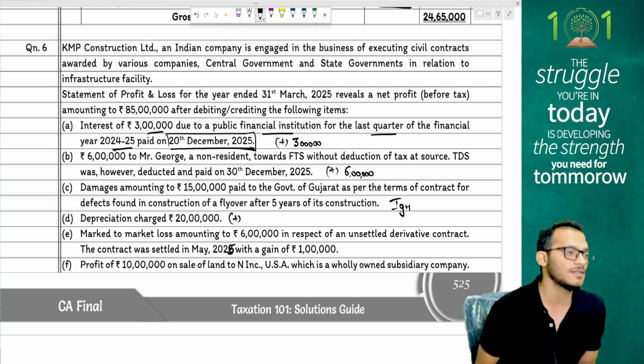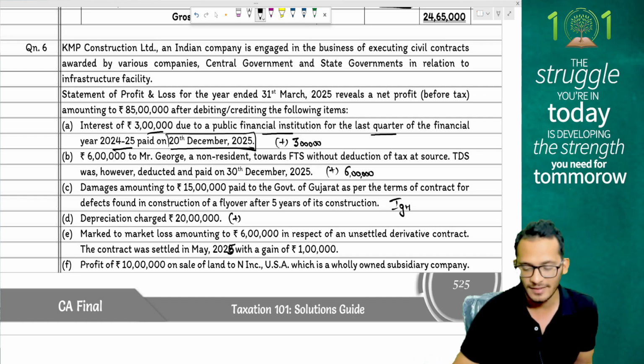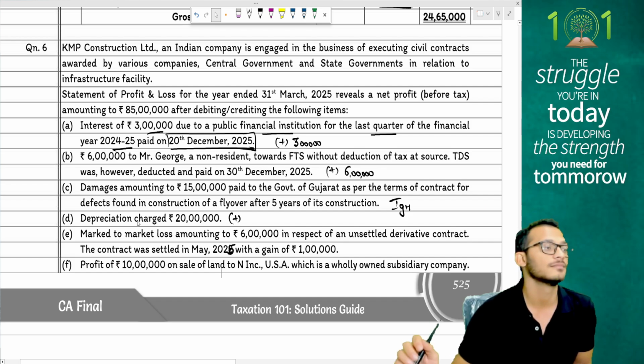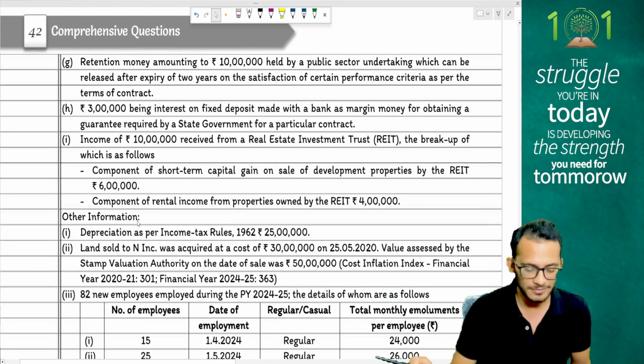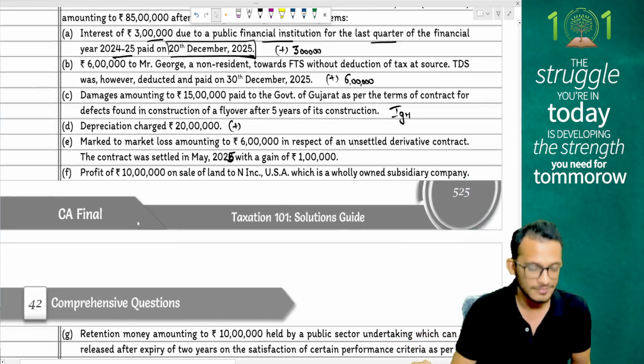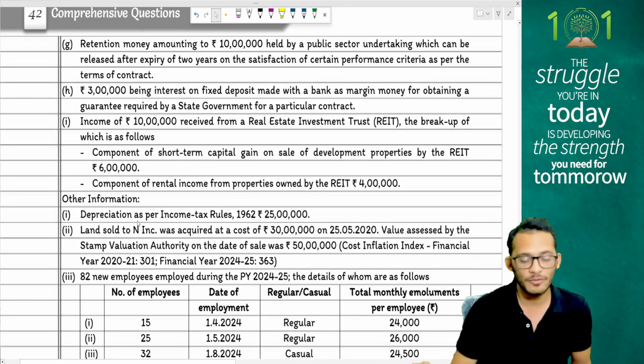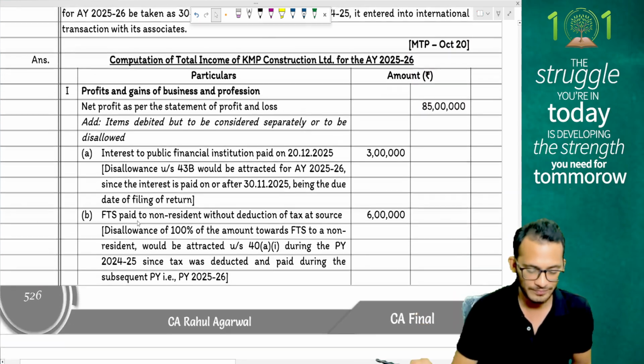Every other MTM loss is allowed on an accrual basis. Now you need to make a choice whether this is allowed or not allowed. You tell me, is it allowed or not allowed? Go find, where is it in the books?